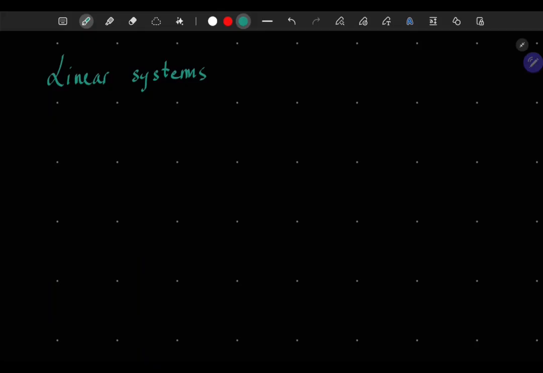Now, what happens if we apply the Laplace transform to a linear system? And what does it mean to apply the Laplace transform to a linear system? Well, we can write our system as x dot equals A times x plus B times u, and then y equals C times x plus D times u.